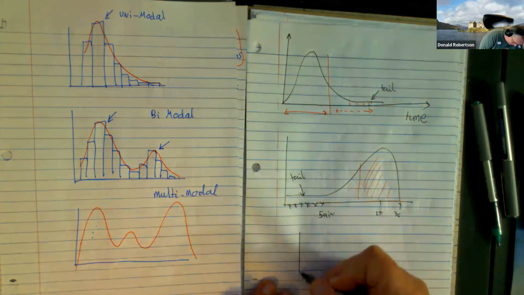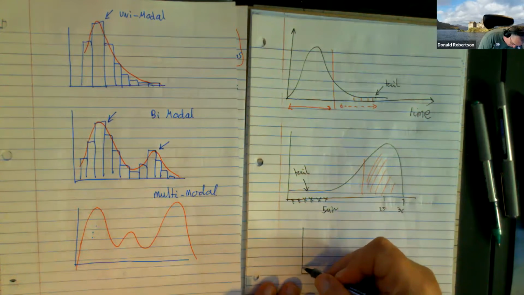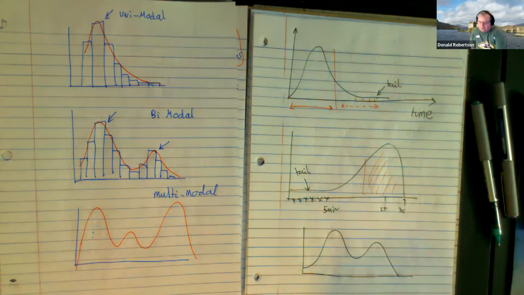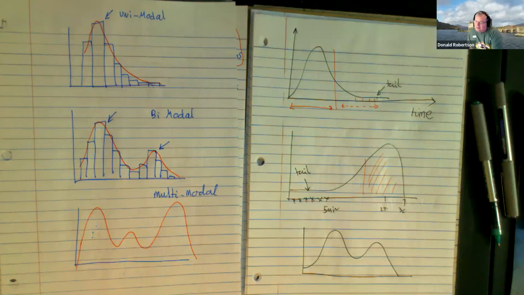Here is a particular distribution, and it's going to be bimodal. Anybody get any idea how that could happen? Maybe like rush hour times or busy moments.